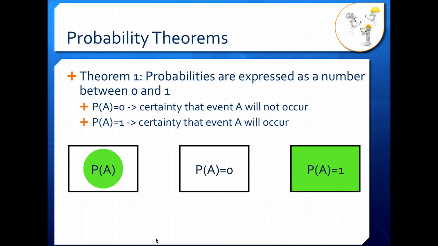Our first theorem states that probabilities are expressed as a number between 0 and 1. You'll also see this as 0% and 100%. So the probability of A being 0 means there's a certainty that event A is not going to occur. So if this box here is our probability space, then there is no chance that A is going to occur.